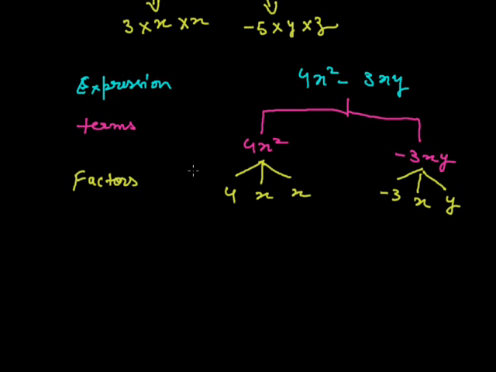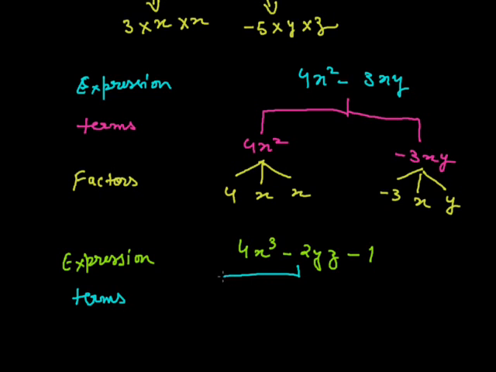Again for the expression 4x cube minus 2yz minus 1, the terms are 4x cube, the second term minus 2yz, and the third term is minus 1.